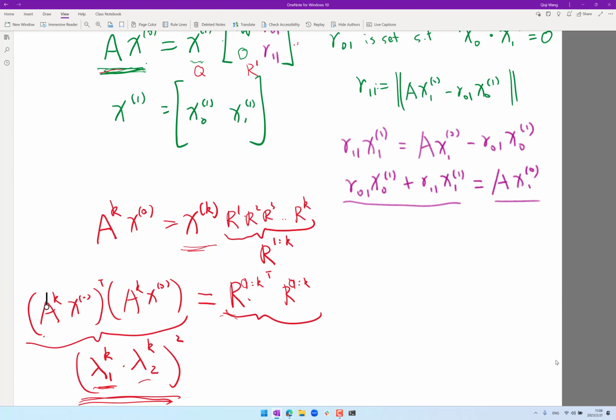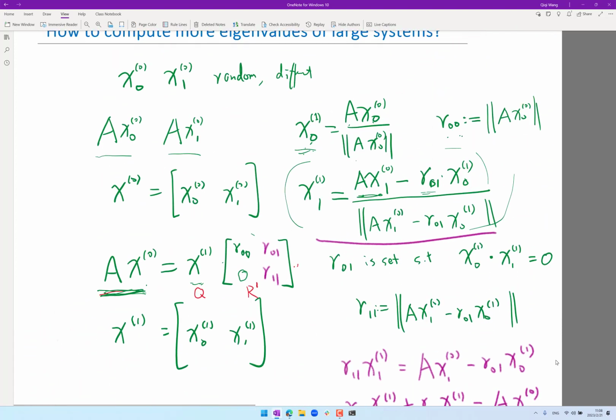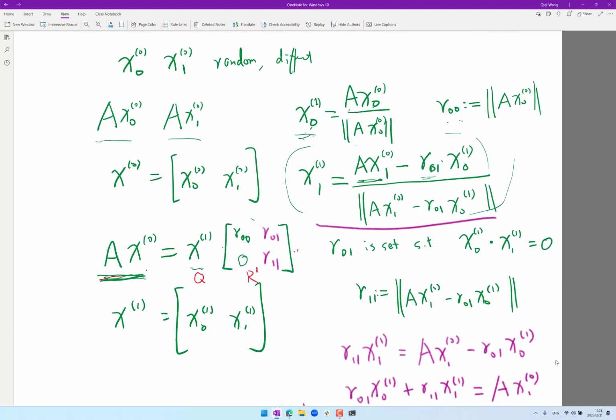Okay, so let me first recap what the algorithm is. The algorithm starts with a matrix and will later generalize to a nonlinear system. Instead of randomizing one initial vector, we randomize two initial vectors, and we multiply both with the matrix A. The crucial part is what happens after the matrix-vector multiplication.